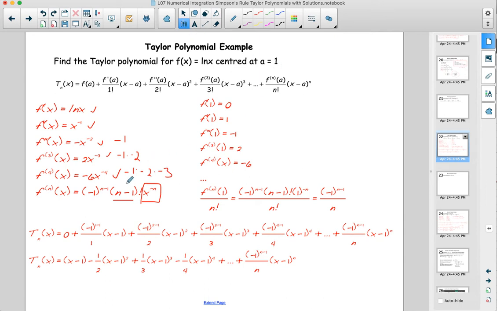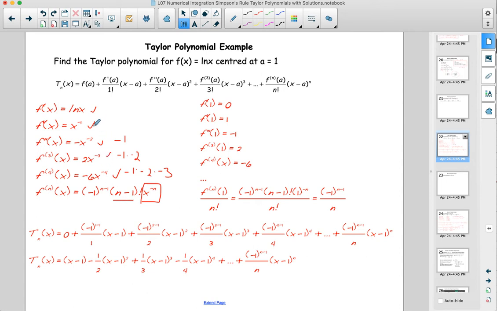Once we ignore the negatives, you can now see this was 1, this was 1 times 2, this was 1 times 2 times 3. So this is a factorial. The fourth derivative is 3 factorial. The third derivative is 2 factorial, and the second derivative is 1 factorial. So the factorial we are at is 1 less than whatever derivative we're at. So again, the fourth derivative, 3 factorial. So that's why I wrote n minus 1 factorial here.